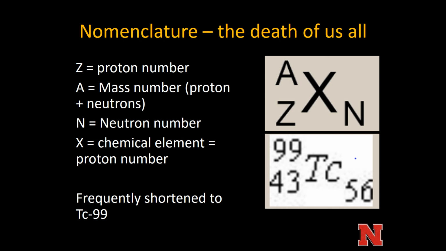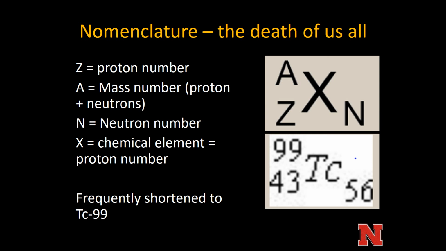So if we take a general element X and we talk about A, that's the mass number. A is the mass number, which is really the protons and neutrons. Z is the proton number, and then N is the neutron number. And as you can see here, if you know any two of these, you can calculate the third one.